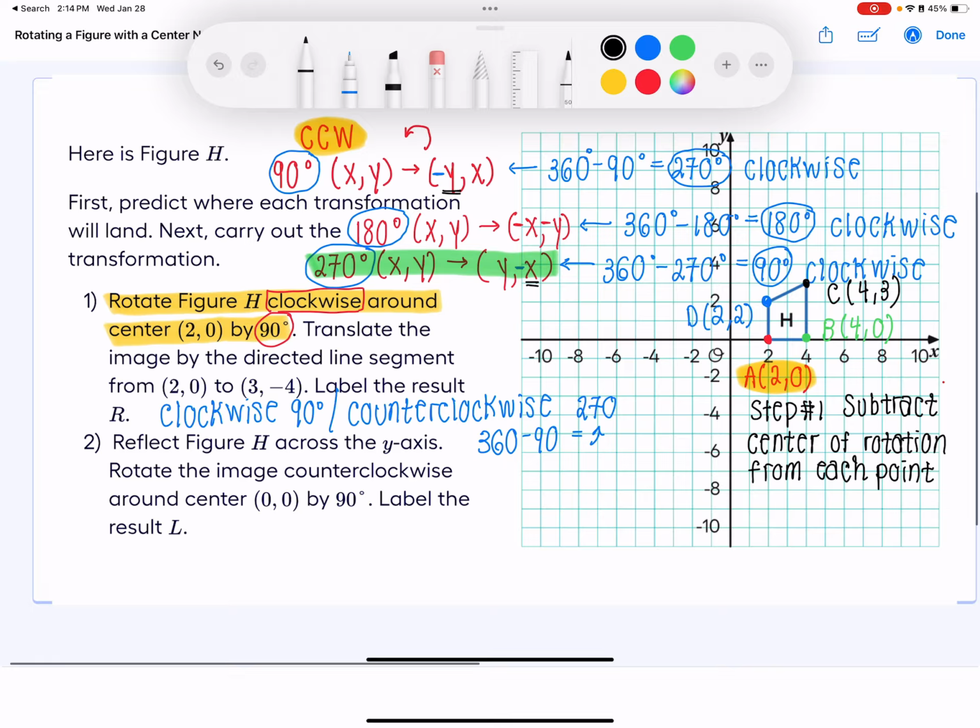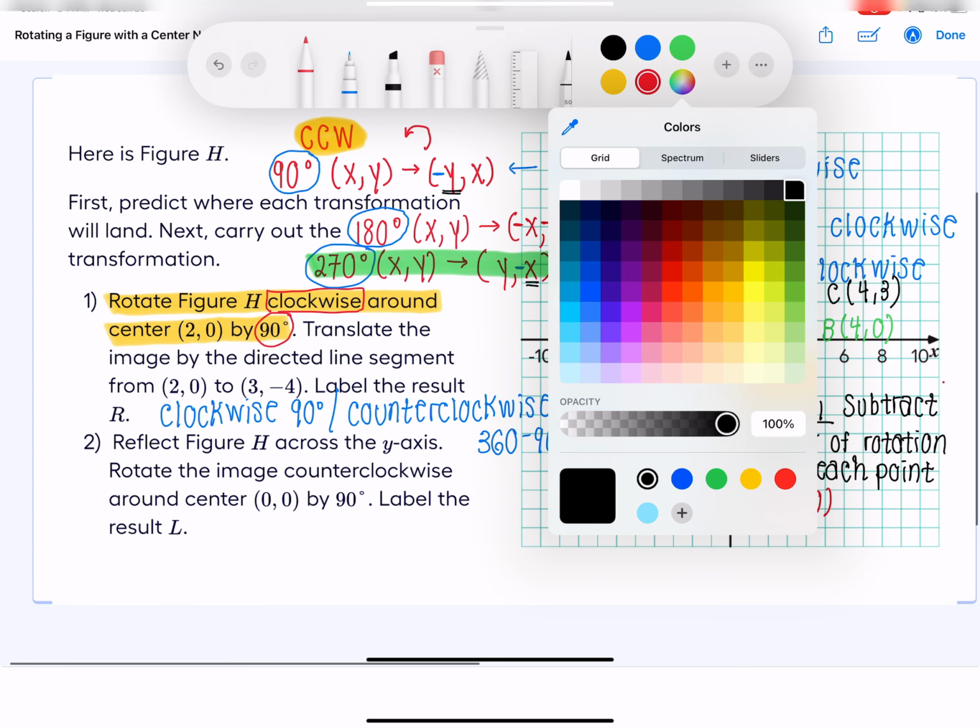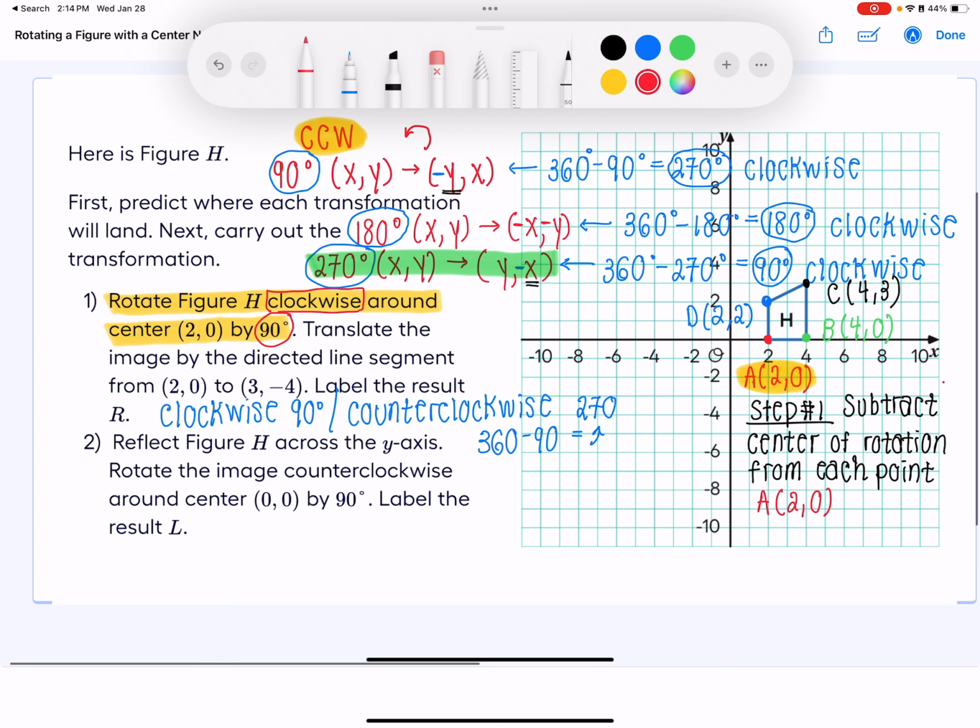So let's write that out and see what that does to A. So A was 2, 0, and my center of rotation is 2, 1 right here, the center.